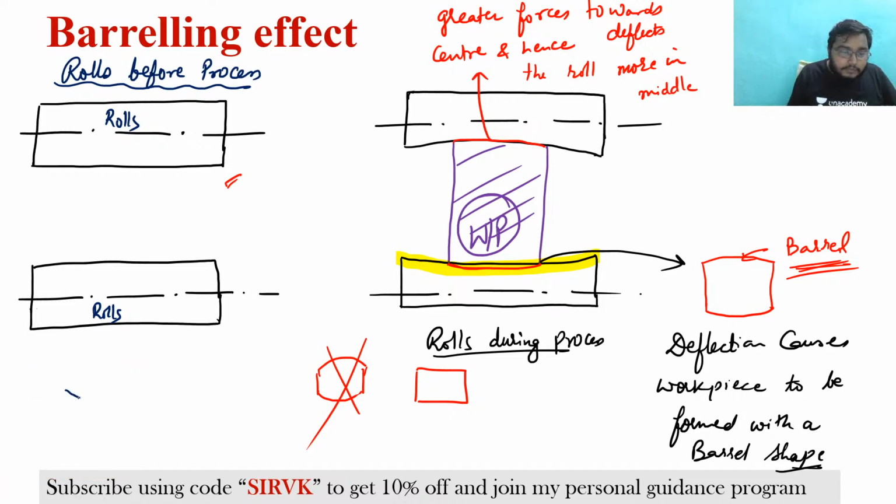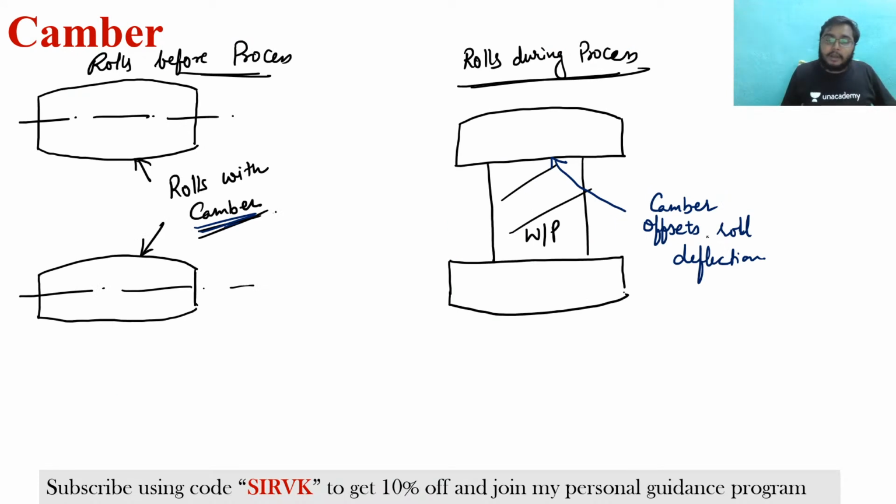If you visualize it like this, the roll has deflected like this. Now this was the actual position. So can you say this is the deflection that you are getting? Now camber offsets the roll deflection, and hence the workpiece is rolled flat.